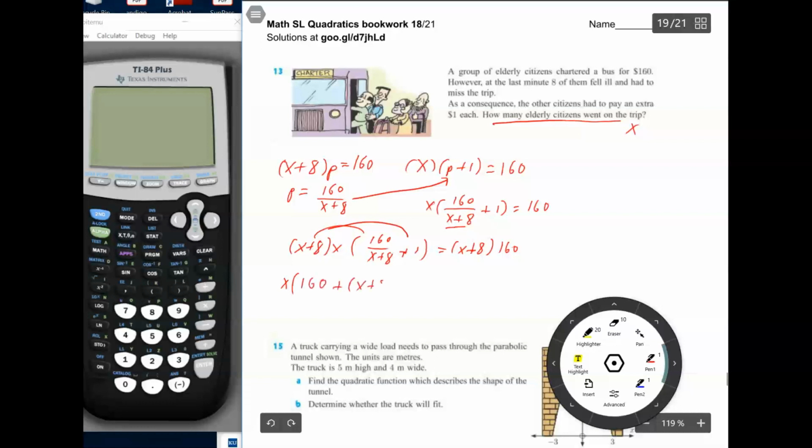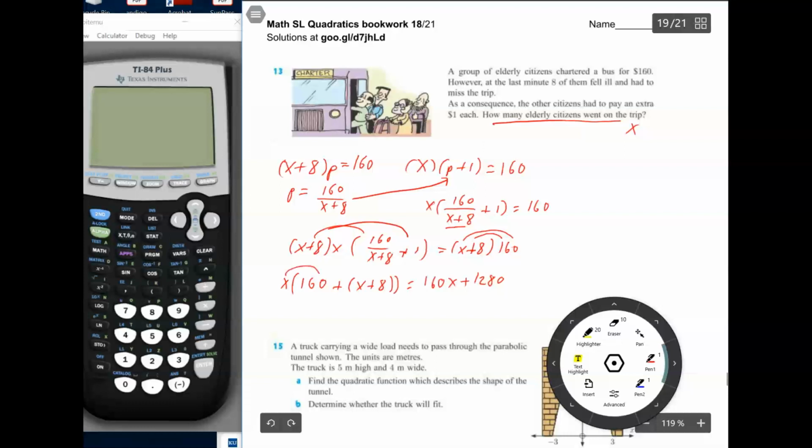Then we have X plus 8 times 1, which is there. Then we can distribute the 160 times X plus 8. So it'll be 160X plus 160 times 8. That's like 1280 or something. Is that right? 64 times 20? Yeah, 1280.